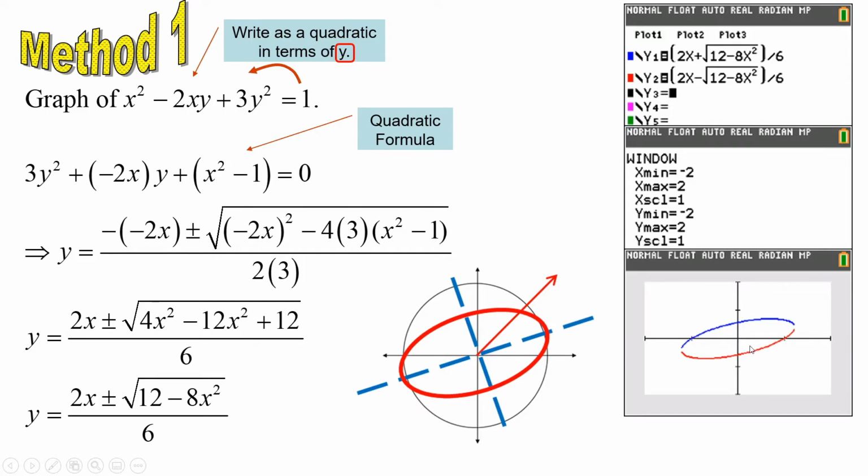But let's think about another method where we're going to do all of this by hand and then really fill in some really key points on this diagram right here. So, did the calculator give us any more than we already had? I really don't think so. So that's where method 2 comes in.